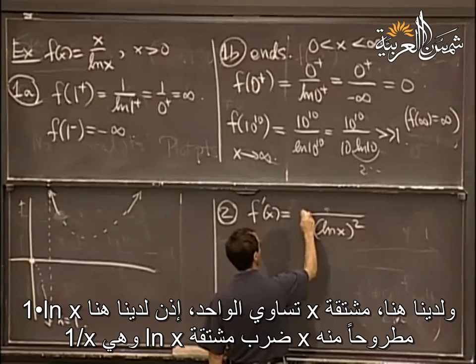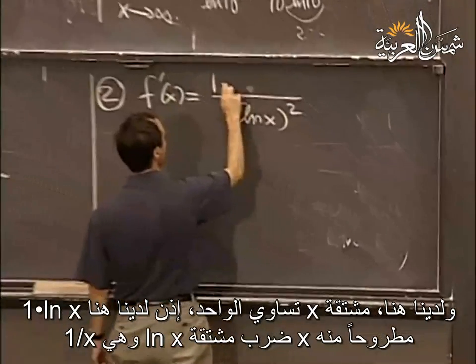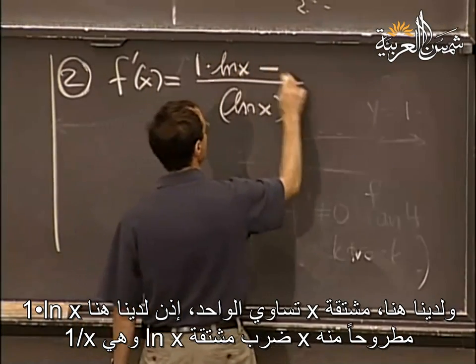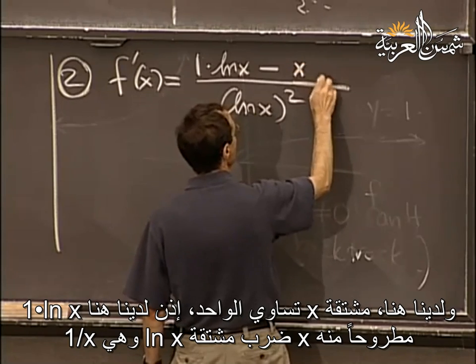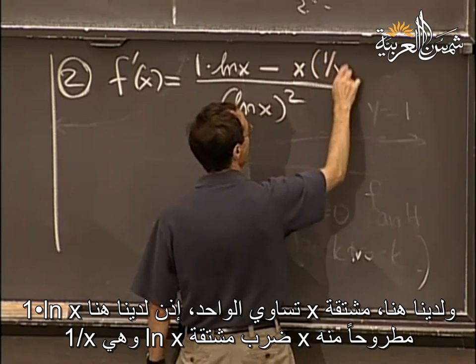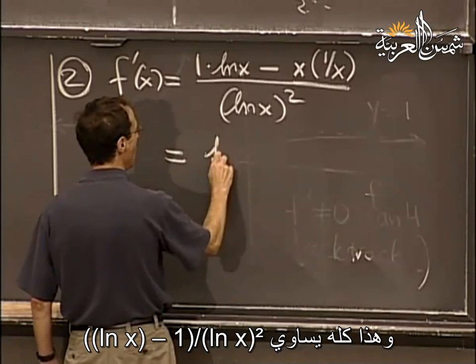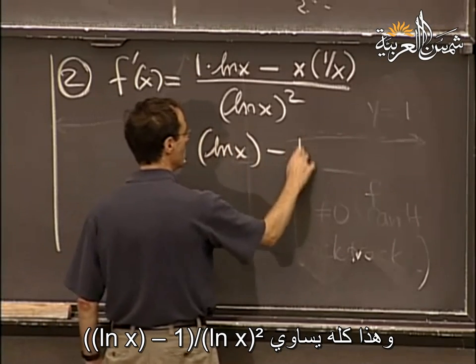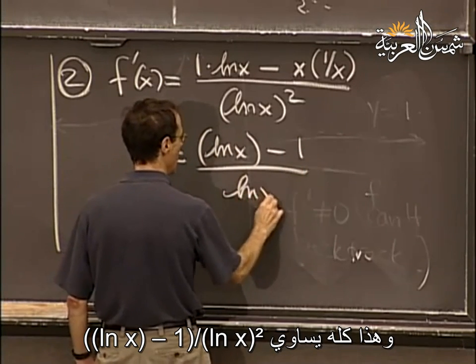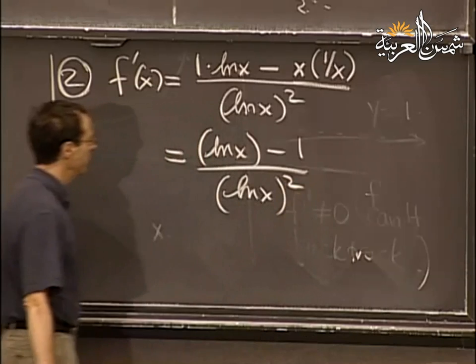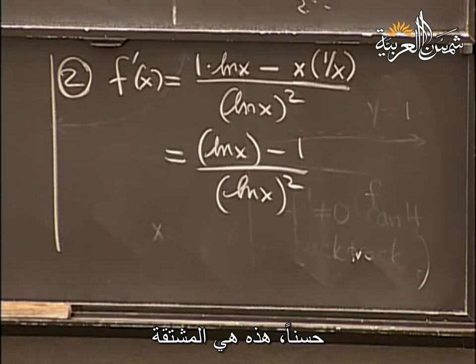The derivative of x is 1, so I get 1 times log x minus x times the derivative of log x, which is 1 over x. All told, that's log x minus 1 divided by log x squared. So here's our derivative.